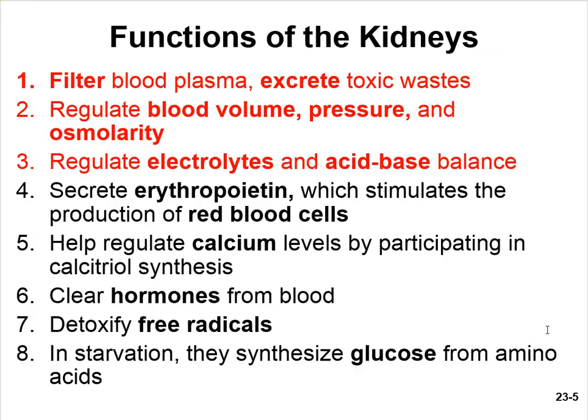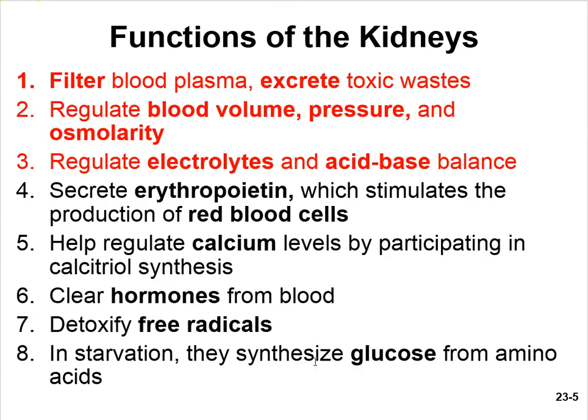They clear hormones from the blood, detoxify free radicals, and in starvation, they can synthesize glucose from amino acids. The synthesizing of glucose from amino acids is called gluconeogenesis, and not many organ systems can do this.